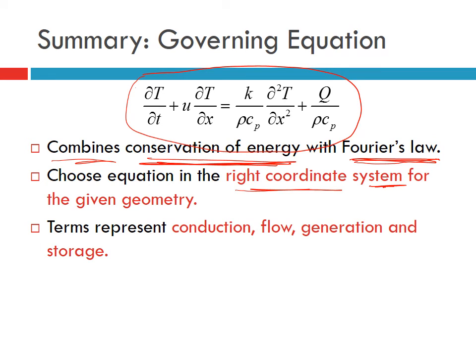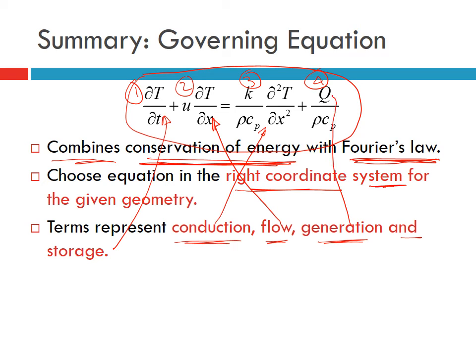Each one of these terms represents a physical process. I want to remind you that we don't just think of these as a math equation. Every term has a physical meaning: conduction, flow, generation, and storage. So this one, for example, is the storage, this one is flow, this one is conduction, and this one is generation.